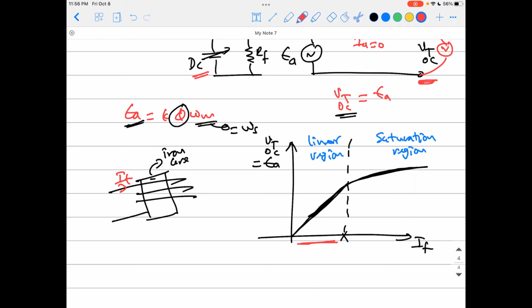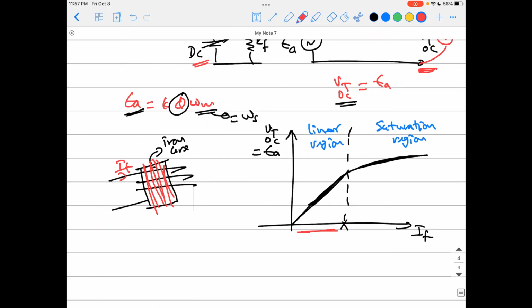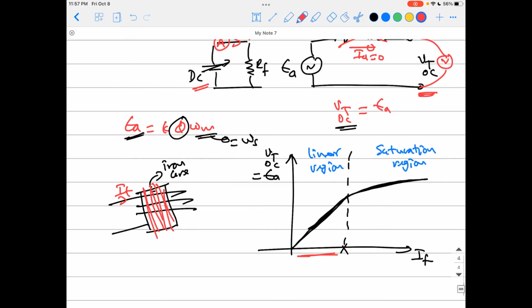But if you keep increasing and increasing, that means more and more flux lines moving through this iron core, so there is no space for more. And that means the increase in the field current will not be translated into an equal increase in the flux density. That's why we call, with the high value for I field, it starts decaying like this. So it's not linear anymore. So this is a linear relationship, but this one is not linear.